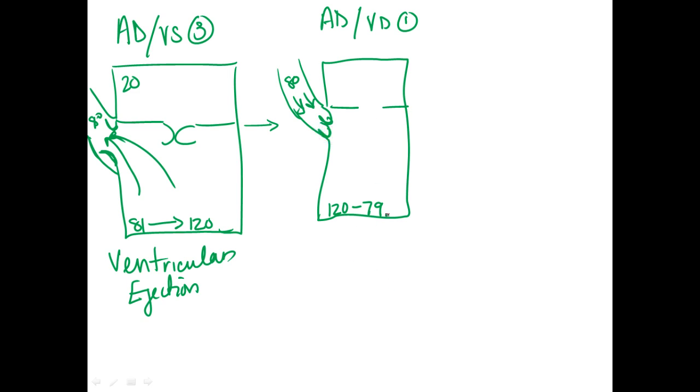Okay, now we're at 79. Pressure up here is still 20. This valve isn't going to open yet until we drop the pressure even further. So now we again have an amount of blood in here that is not changing.